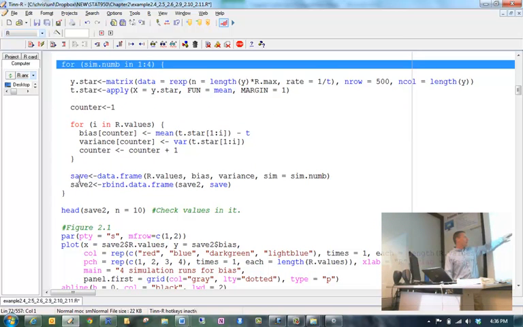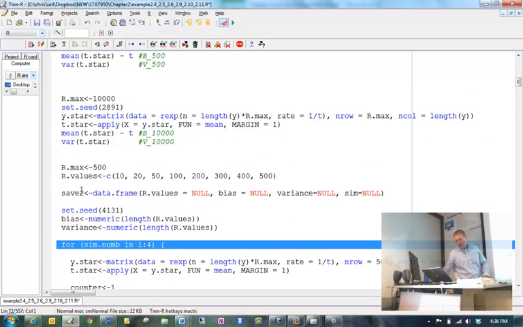Then I put all my results, the actual R values, the bias, the variance, and simulation number into something I just call save. And then, simply, I'm going to take what was in save and put it down below what's in save 2. Let's take a look at what's in save 2.